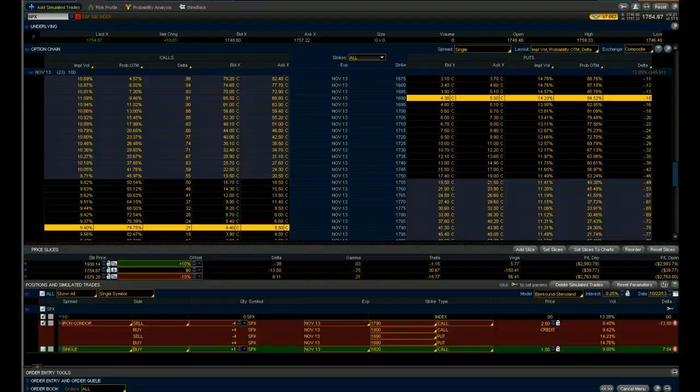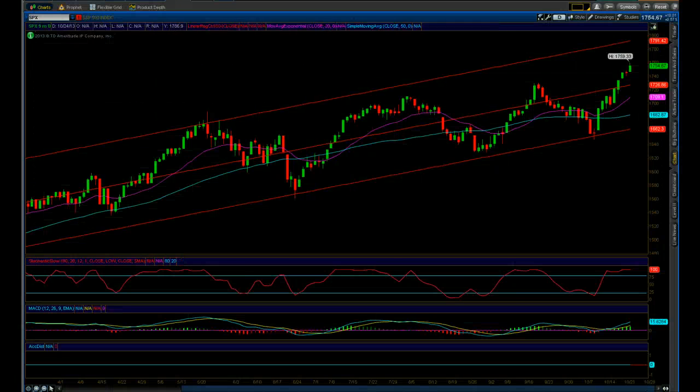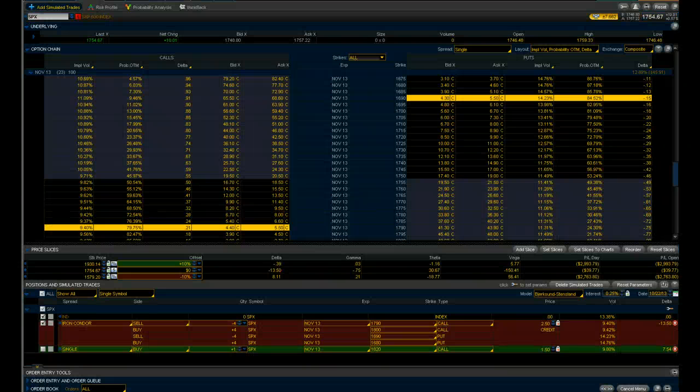And on the upside, I was looking at the 21 delta, or the 1790, which puts the S&P basically in the stratosphere. On the charts, you can see that's running up against my upper range here. So in any event, I put them both together, and I looked at four contracts, and we're looking at a credit of 250.